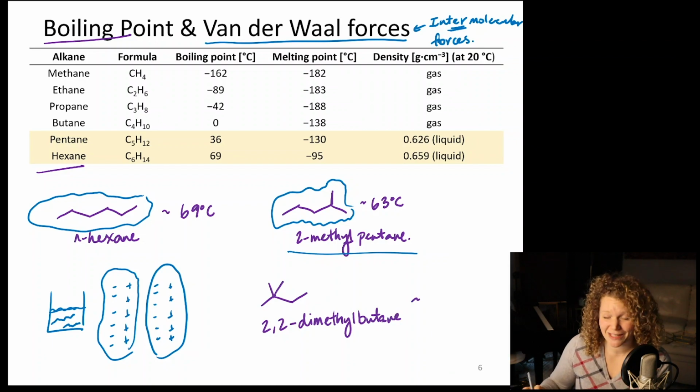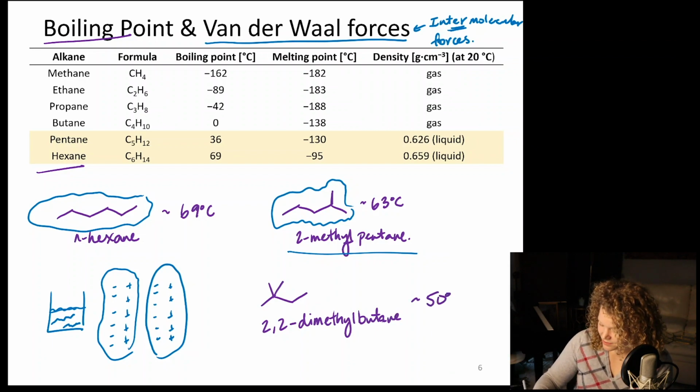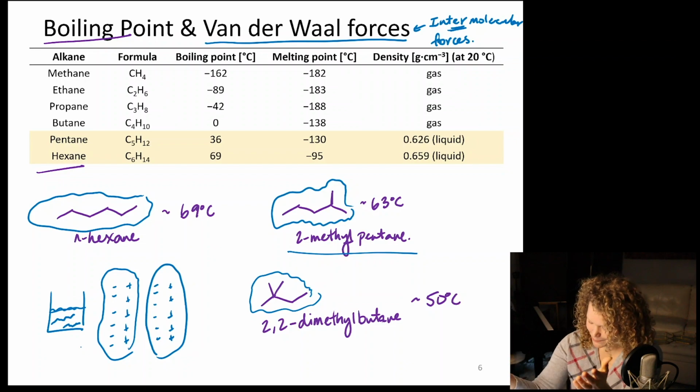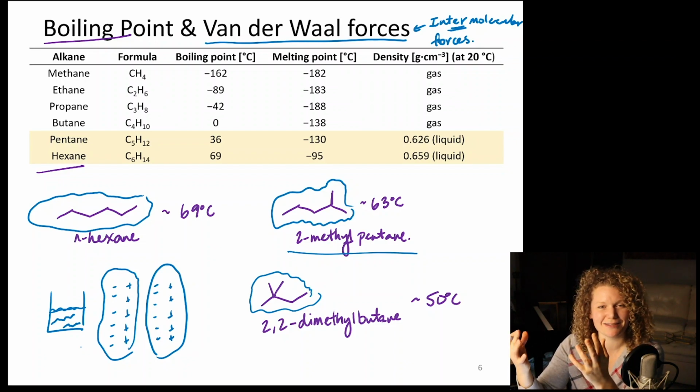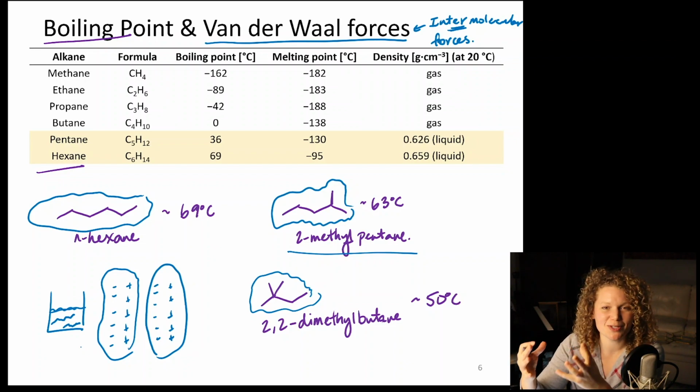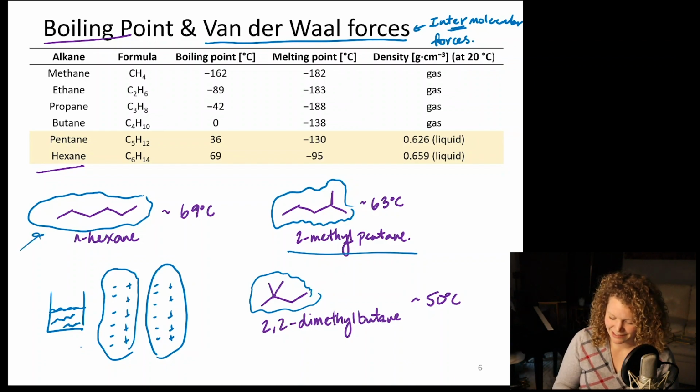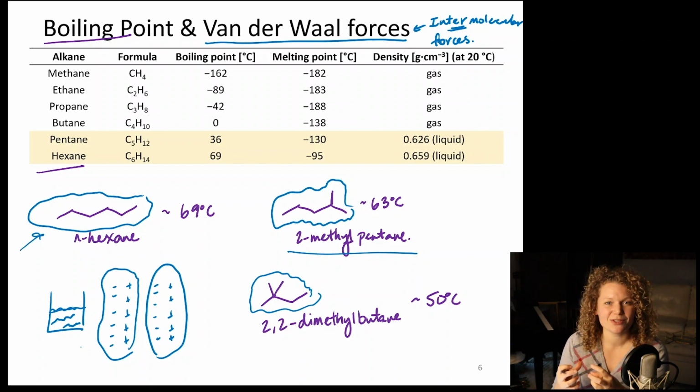And the boiling point of this is around 50 degrees centigrade. And this makes sense because 2,2-dimethylbutane doesn't have as much surface area as our n-hexane does. And so the interactions here are weaker between molecules. And that makes it easier for us to boil them and separate them into a gaseous form.